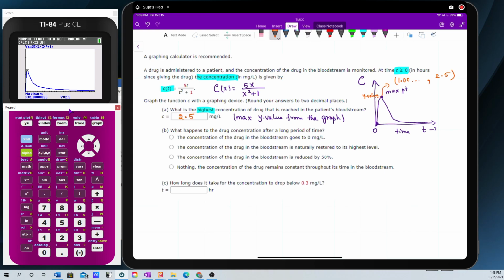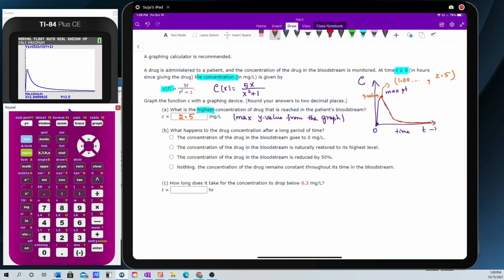Okay. Now with this information, I need to answer the next part of the question: what happens to the drug concentration after a longer period of time. We see that the concentration is reaching a maximum, and then the graph is going down, and it keeps going closer and closer to the x-axis, which means the concentration is getting to 0.